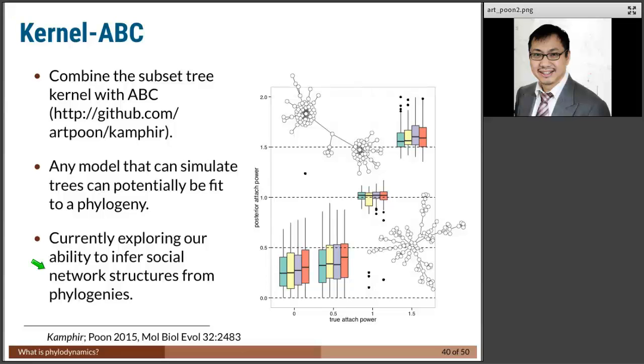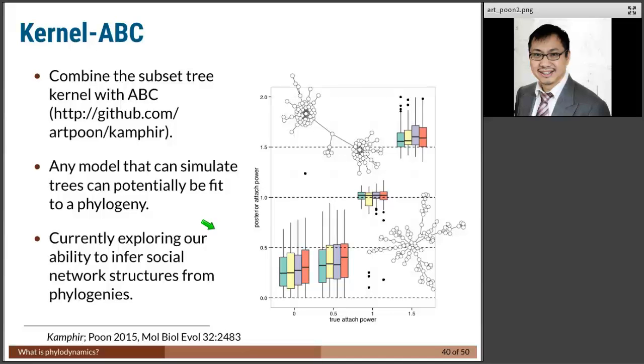I do want to say that this is basically a new method we're developing of using tree shapes to fit models, and this is a preliminary result where we're saying, okay, let's say that we're going to model the social network of a host population and how that's shaped the virus phylogeny. We can look at the shape of the virus phylogeny and use that to try to infer something about that social network of the hosts.